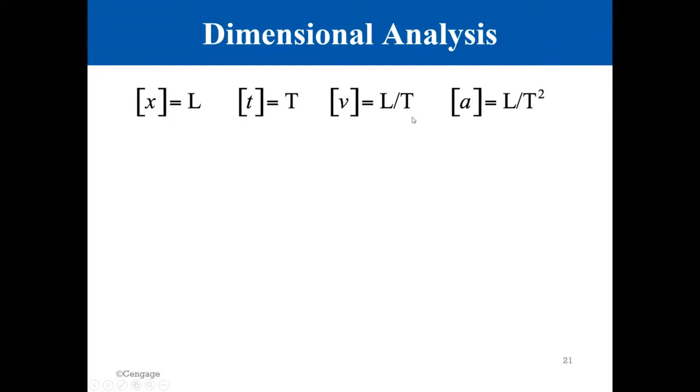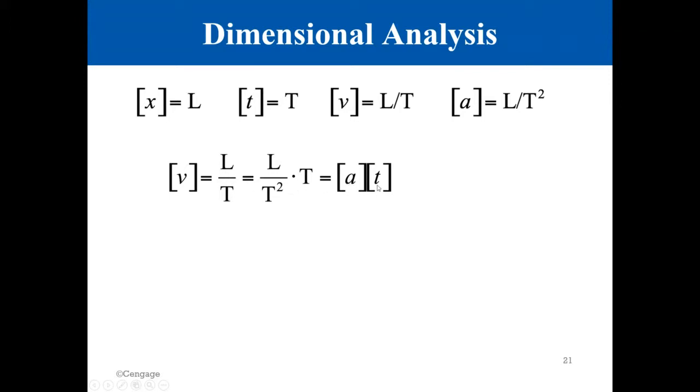So this will guide us to check whether equations are right or wrong. Here, acceleration has dimension length divided by T squared, multiplied by time. Again, it is the same thing.